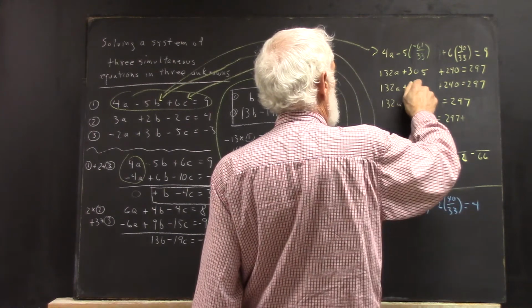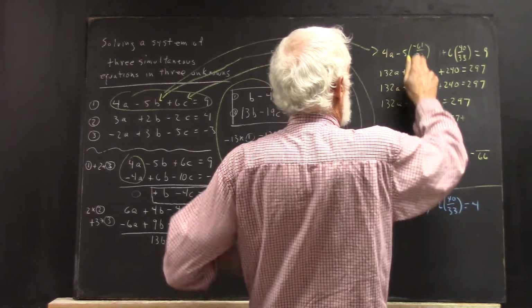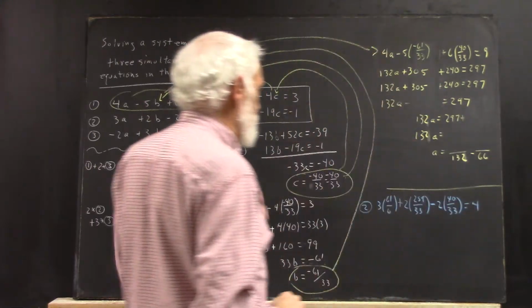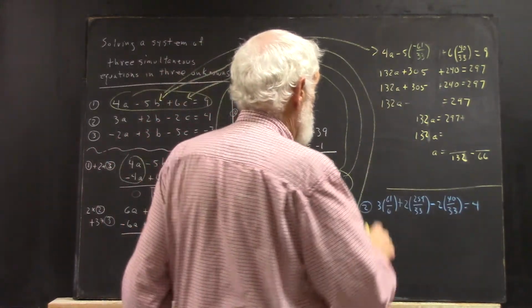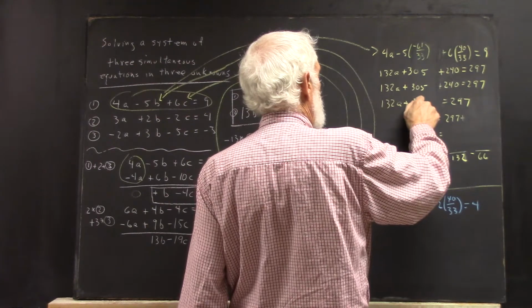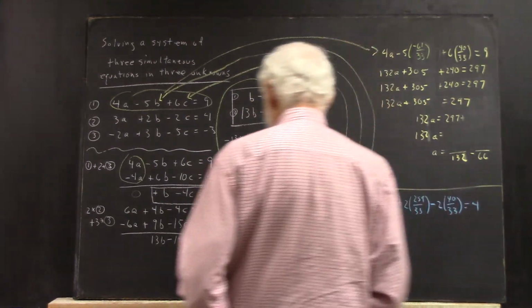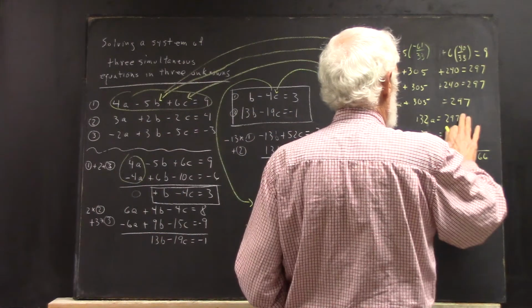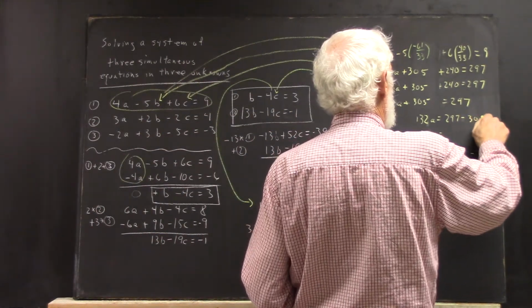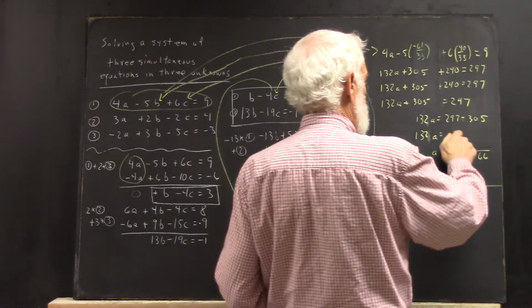And it's plus 305. Actually, here I didn't do the multiplication in this step, but that'll be okay. So it's plus 305. So when I subtract 305 from 297, well, minus 305, and that is just negative 8.